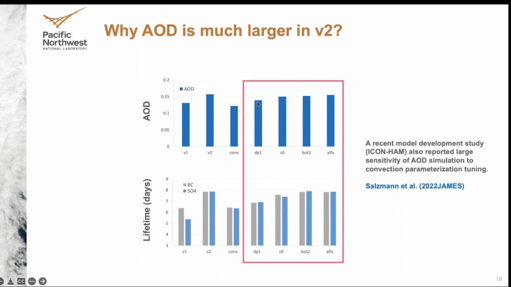Basically, the largest impact is caused mainly by 2 parameters, DP1 and C0, at least from my sensitivity simulations. And interestingly, a recent model development paper on ECHAM-HAM, which is a European model, also reported high sensitivity of AOD simulation to the convective parameterization tuning.